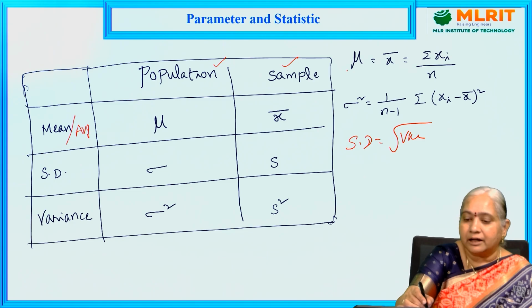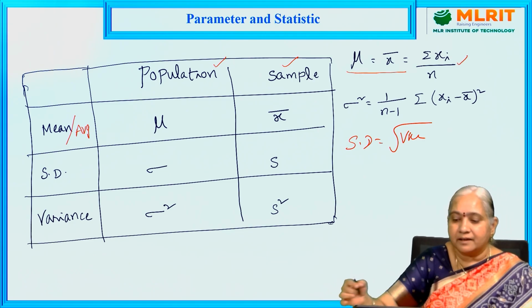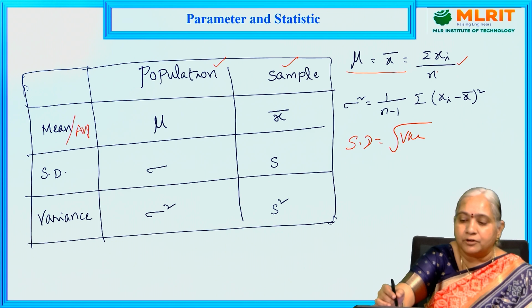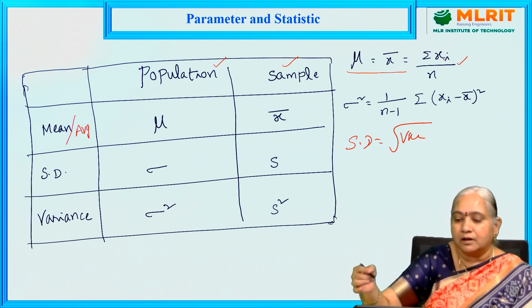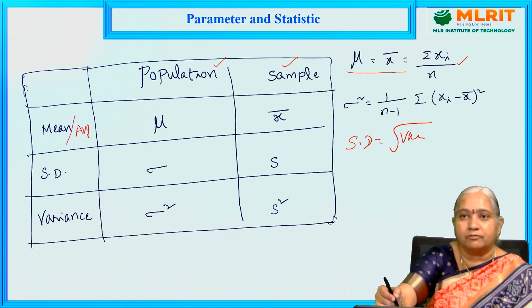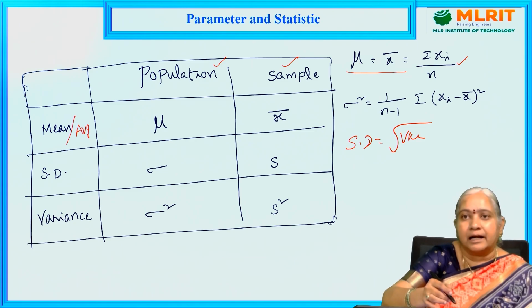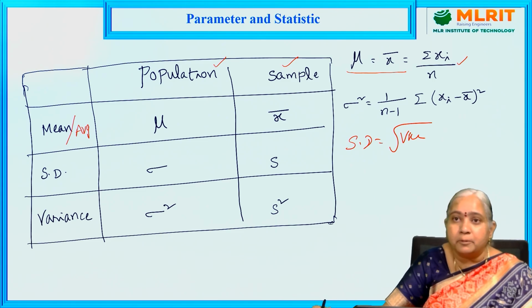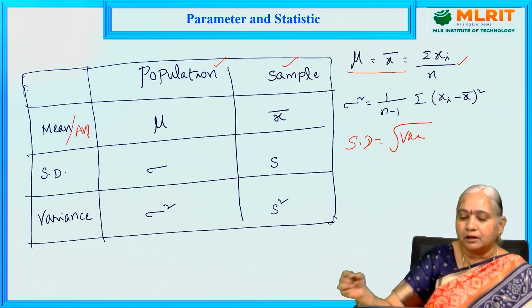Here mean or average is summation xi by n, where n is the number of observations and summation xi is the sum of the observations. So the sum of the observations by the number of observations is the average of that sample or population. But the notations are very important, whether we are calculating these measures for the population or for the sample.